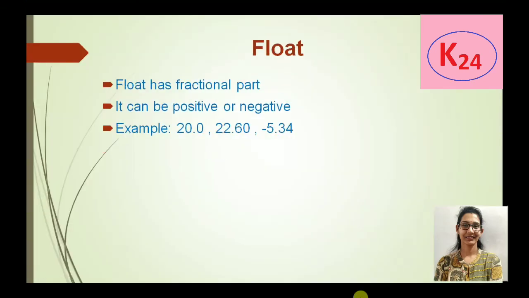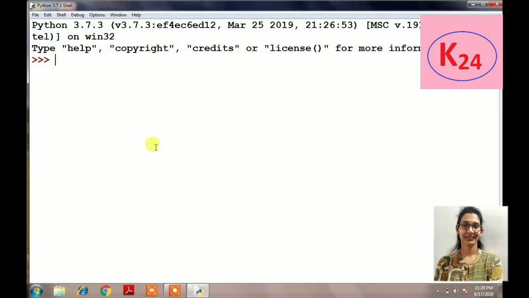Now the second is the float data type. A float data type is a number which has a fractional part or decimal point, such as 3.10, -12.27, etc. And the number can be positive or negative. Let's see the example in Python shell.